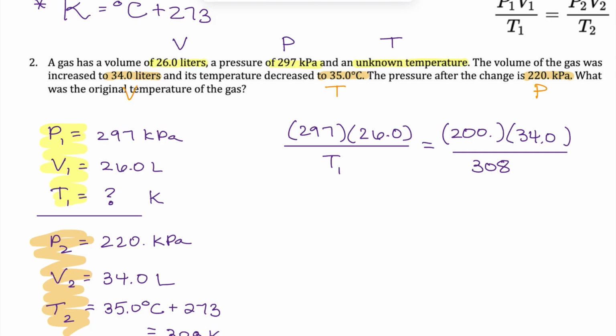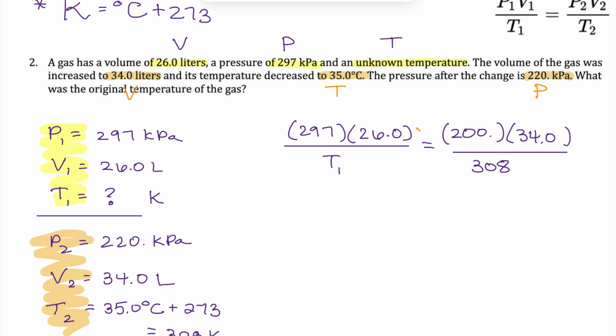Use whatever algebra skills you have to solve. I like to think of it as cross multiplying, but you can always just put all this into your calculator, multiply this out, and then when you have something with more simplified values, rearrange to get T by itself.